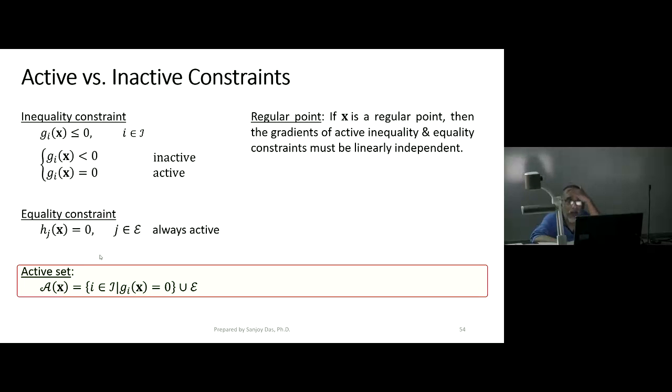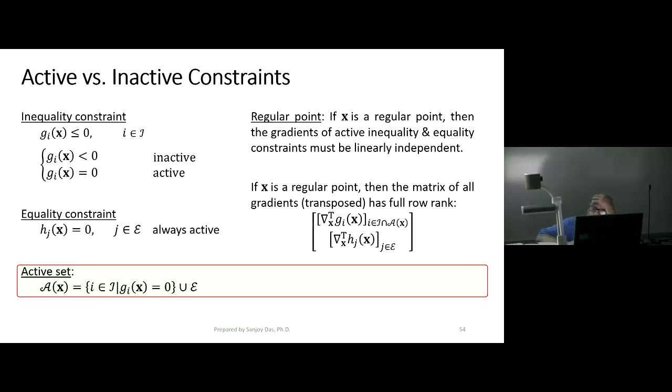Okay. A regular point. x is a regular point. There's a definition. If the gradients of the active inequality and the equality constraints are all linearly independent. Okay, that's a regular point. In other words, I take the gradients of all the active inequality constraints, so for each index i which belongs to the intersection with the active set.